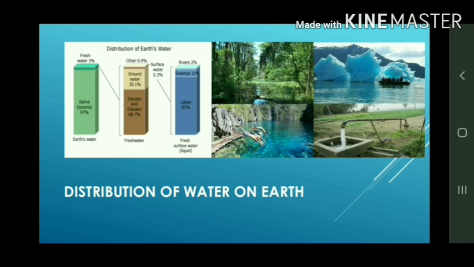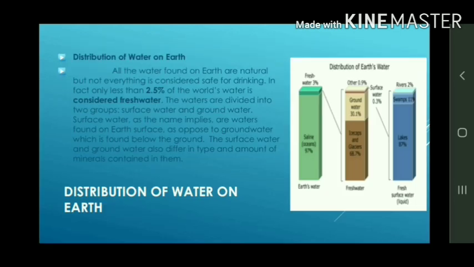Okay, so we have a picture of how water is distributed around the globe. The distribution of water on Earth. All of the water found on Earth is natural, but not everything is considered safe for drinking. In fact, only less than 2.5% of the world's water is considered fresh water.